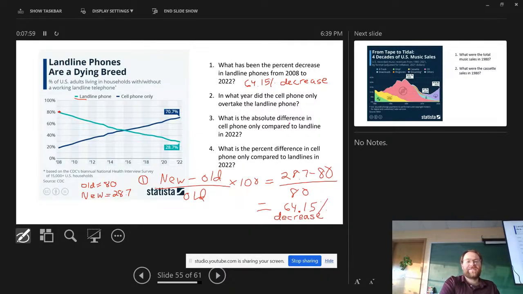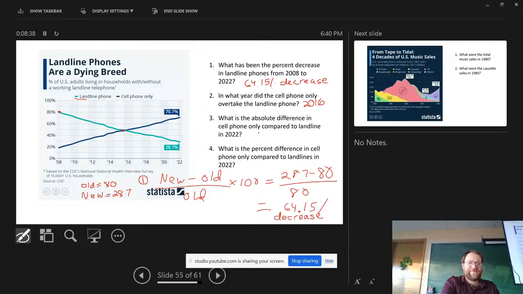Then let's see if we can get some other numbers here. In what year did the cell phone only overtake the landline phone? 2016? Seems reasonable, looking at where they intersect. So about 2016. What is the absolute difference in cell phone only compared to landline in 2022?